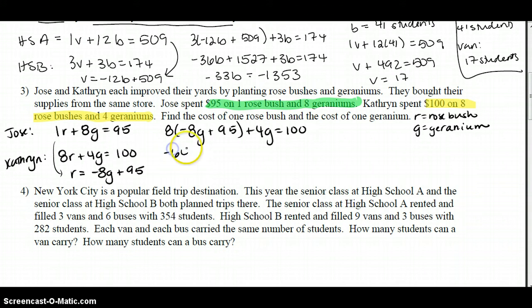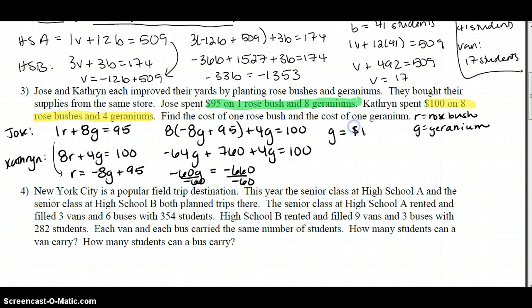So we get negative 64G plus 760 plus 4G equals 100. So we get negative 60G equals negative 660. Divide that by negative 60, and you get that each geranium costs $11.